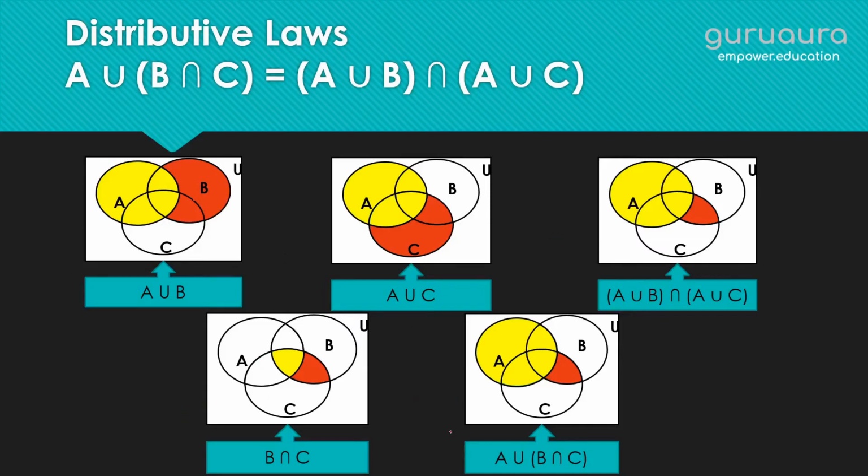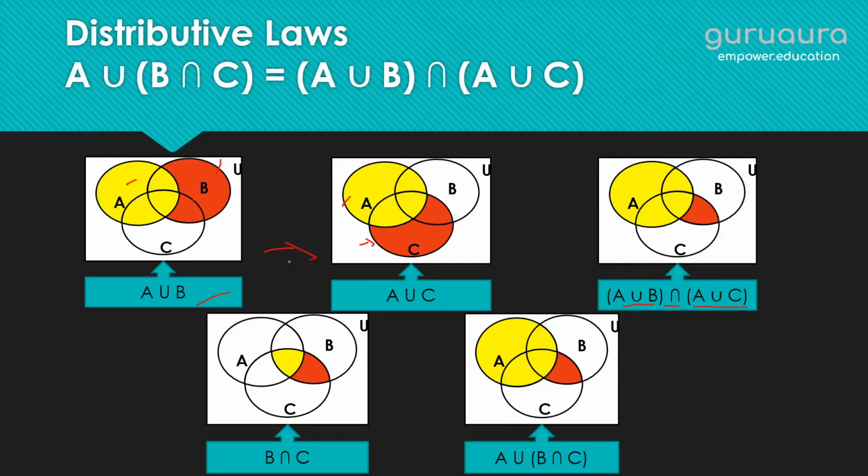So let's start with the right hand side. So first is A union B. What will be A union B? A union B is this colored area, yellow plus red. Okay. Now what is A union C? A union C is this colored area, yellow plus red. Alright. Now let's do A union B intersection A union C. Now what are the common parts between these two Venn diagrams?